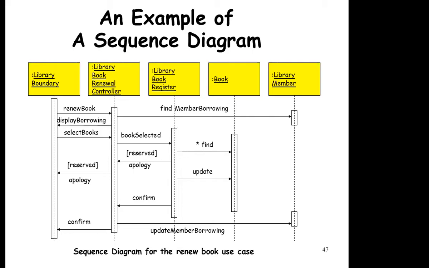This is the rectangular shape I will show here, like this. And this arrow shows the object being invoked. Arrows are also shown between these, showing the sequence of interaction between the different objects.